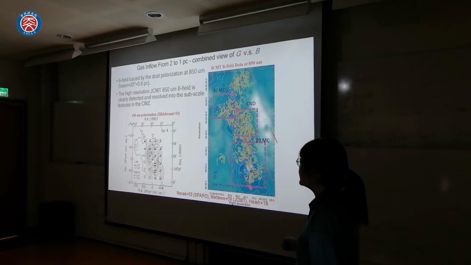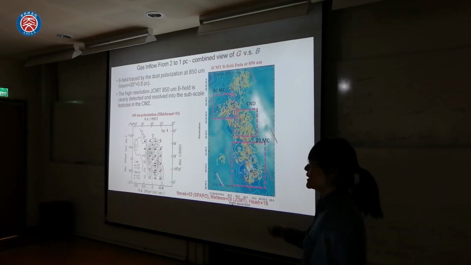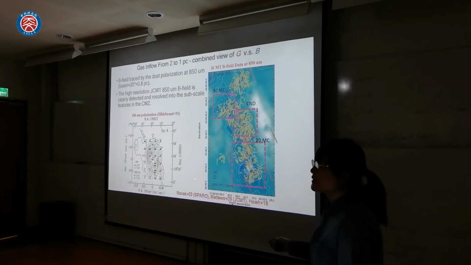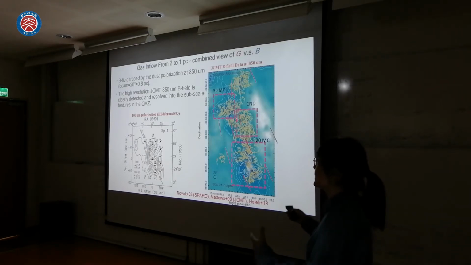So these red segments tell us that the magnetic field is in a toroidal configuration and parallel to the larger scale Galactic disk. But the high resolution JCMT data shows more small-scale structures associated with the cloud itself.